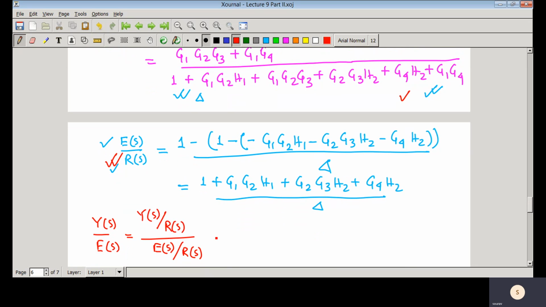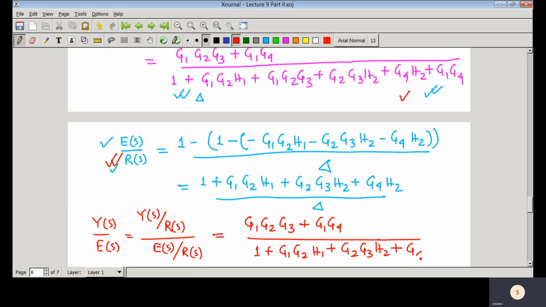Now if you just divide these two, delta will be cancelled out and your transfer function would be G1 G2 G3 plus G1 G4 divided by 1 plus G1 G2 H1 plus G2 G3 H2 plus G4 H2.